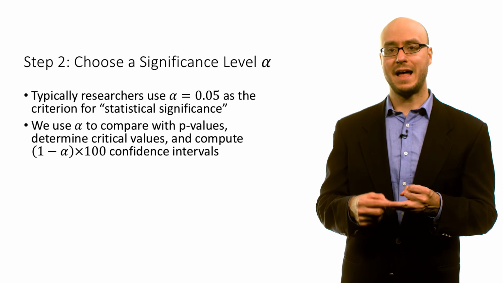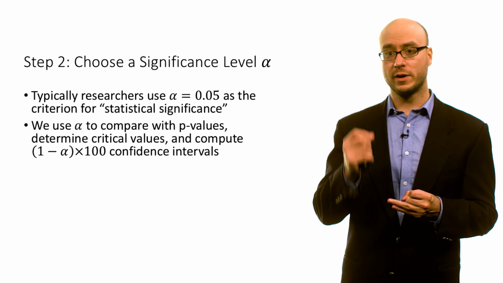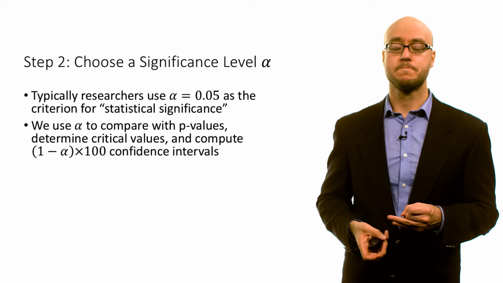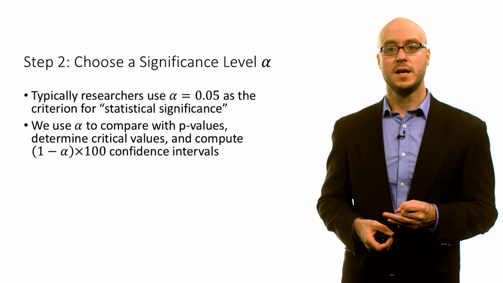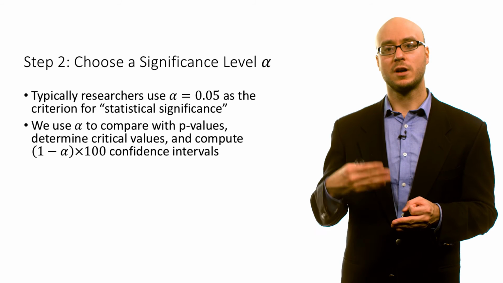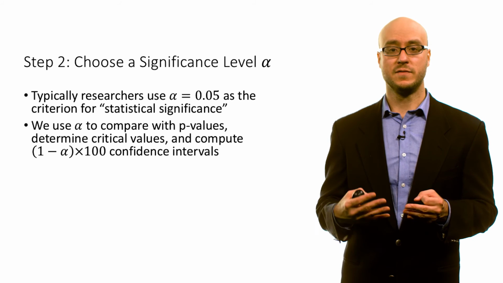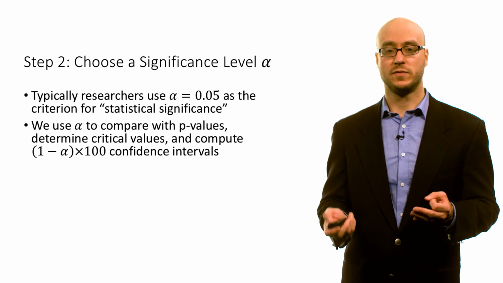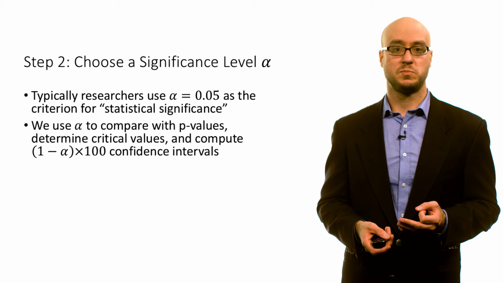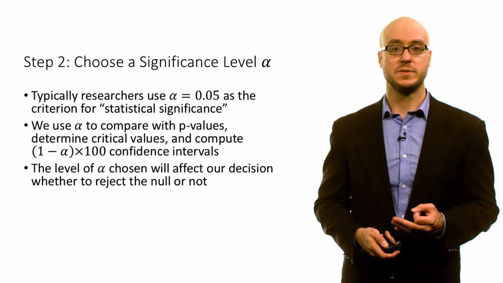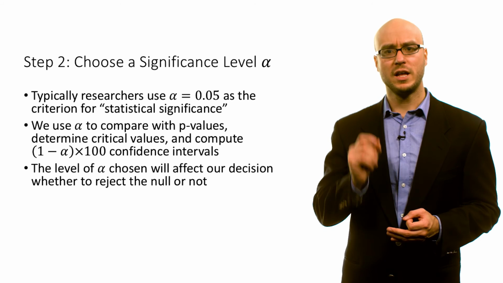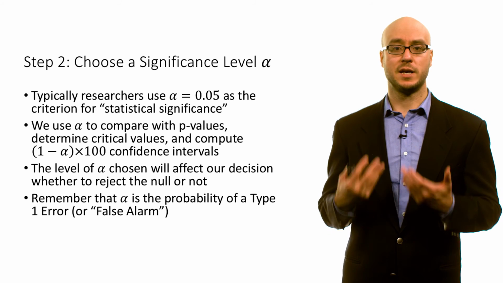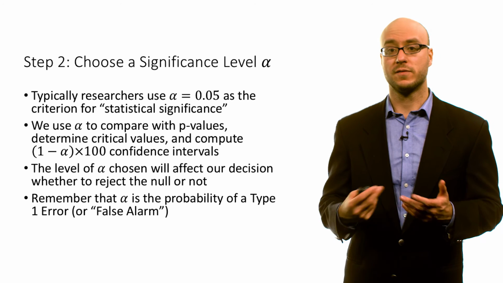We also use alpha to calculate the critical values on which we evaluate our test statistics. And we also use alpha to compute confidence intervals, because a confidence level is 1 minus alpha times 100. So if alpha is 0.05, then 0.95 times 100 is a 95% confidence interval. Choosing alpha will affect our decision whether we reject the null or not, because alpha is the probability of a type 1 error, or false alarm.